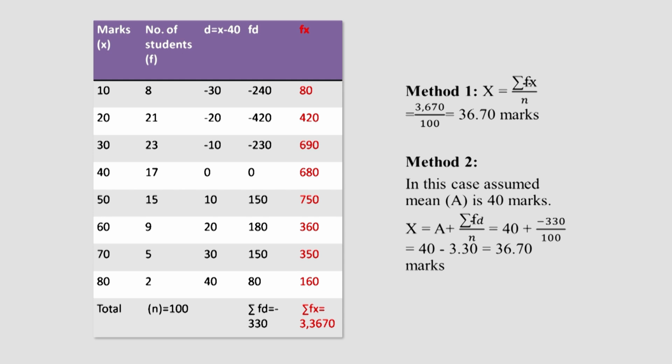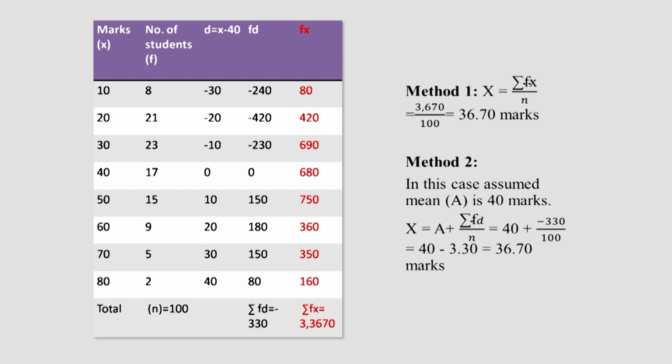So 8 into minus 30 gives minus 240, 21 into minus 20 gives minus 420, 23 into minus 10 gives minus 230. Likewise, you get the values 150, 180, 150, 80.